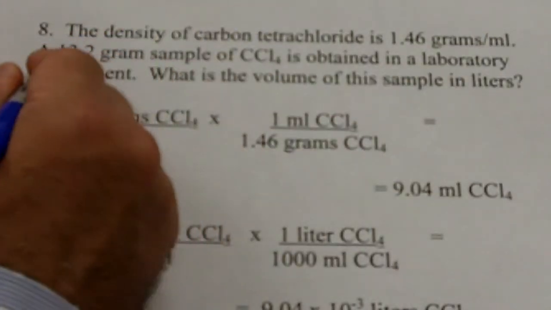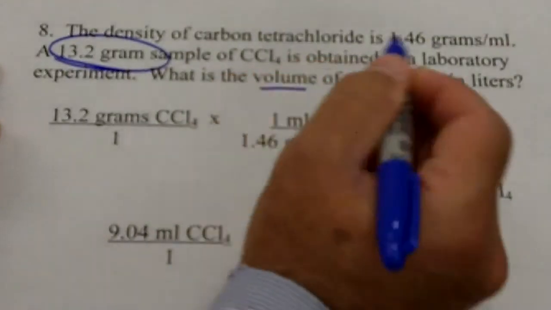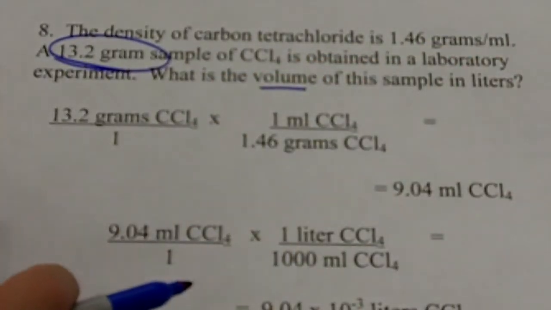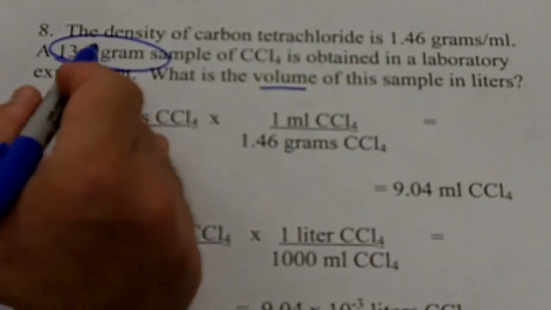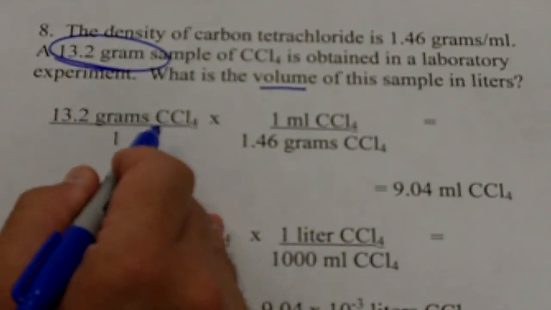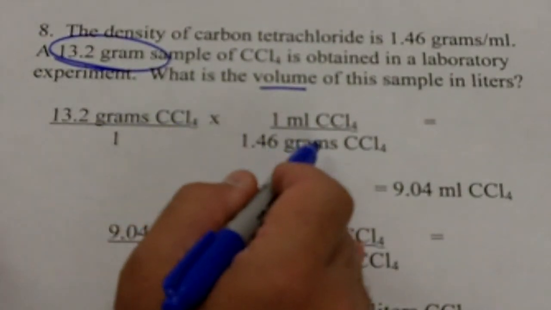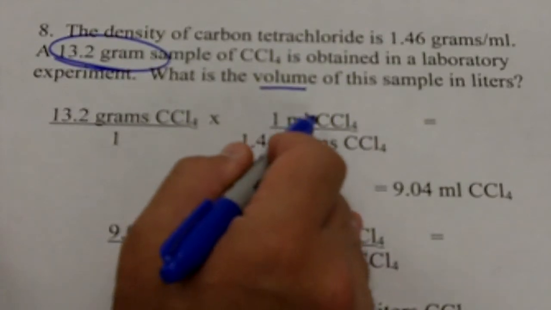This is the number we're starting with, the 13.2 grams. We're looking for volume. So what we're going to do is break this problem down. We're going to write down what we know, 13.2 grams of CCl4 over 1, times whatever unit is there, goes there. Whatever unit is here, goes here, and whatever unit I want, goes there.